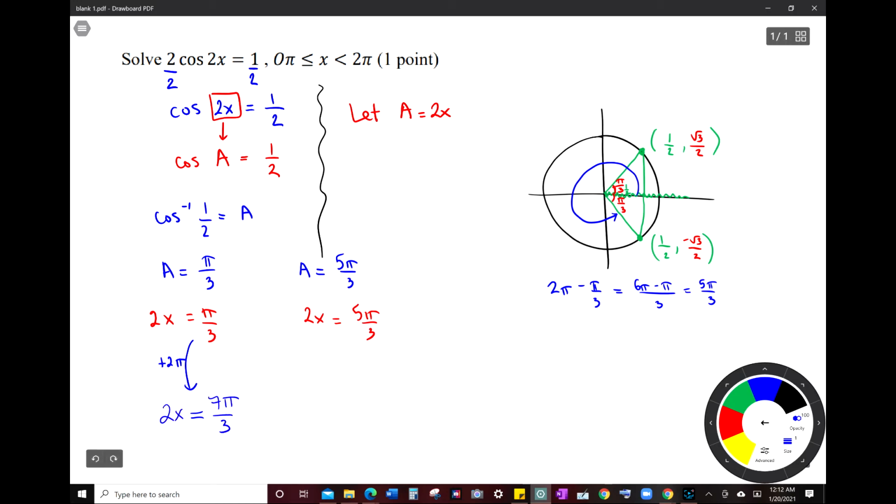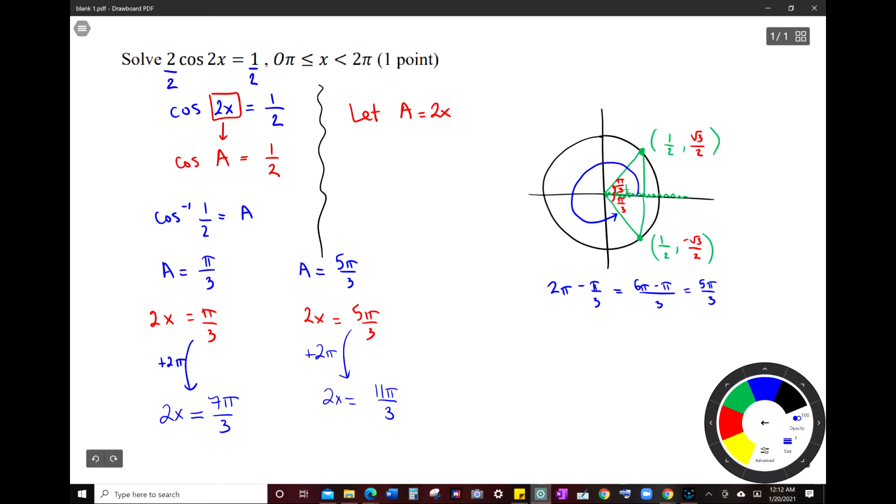So I also have 2x equals 7 pi over 3. I do the same thing for my second solution, 5 pi over 3. I also add 2 pi, so then I have 2x equals 11 pi over 3.